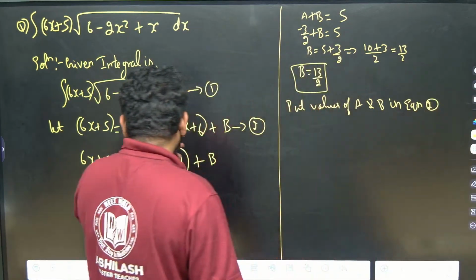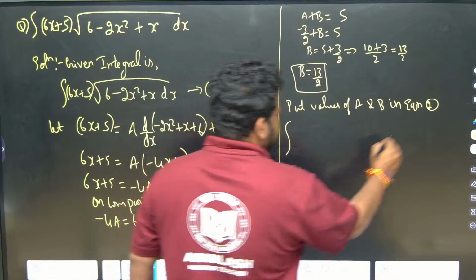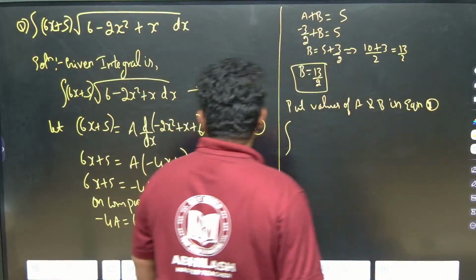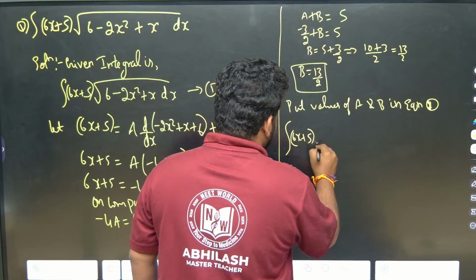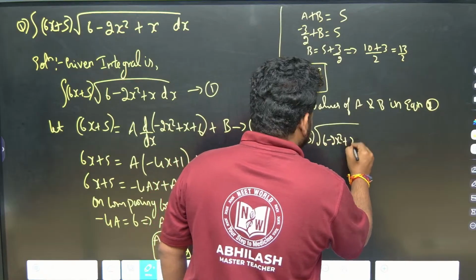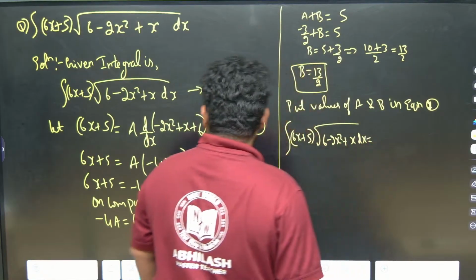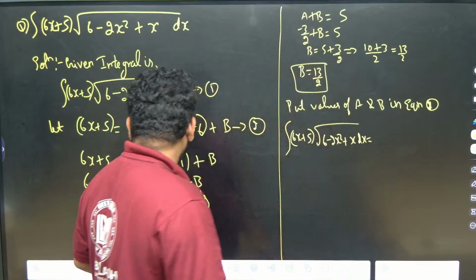Okay, we will put it in equation 1. We will get integral of (6x plus 5) into square root of (6 minus 2x square plus x) dx will be equal to integral of, a value is minus 3 by 2.